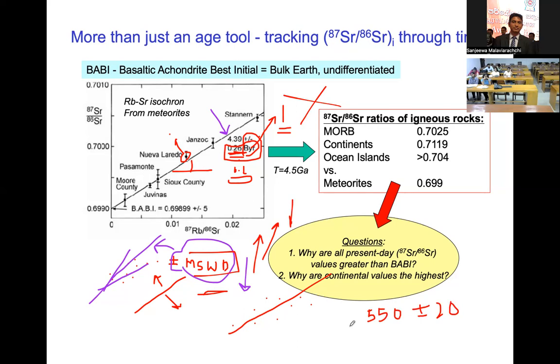Why? Your age can be 570 or 530. That's okay, right? Just a 20 million year difference. But if you are getting something like 120, then that will be a big error, right? Because your age can be 670 or 430, right? Plus or minus, because there is a large difference, more than 100 million.